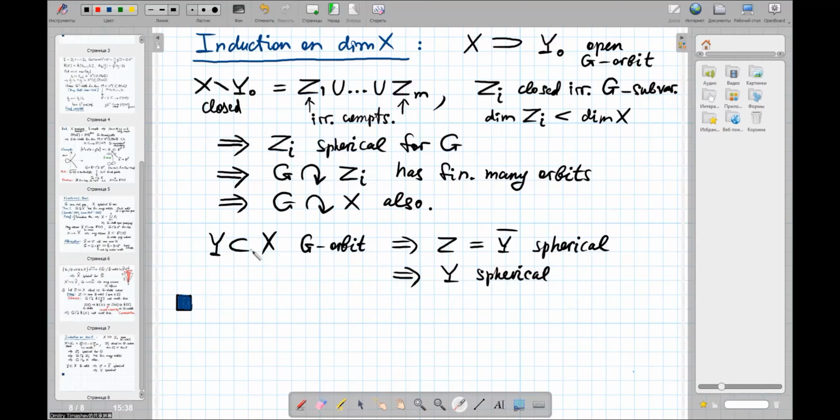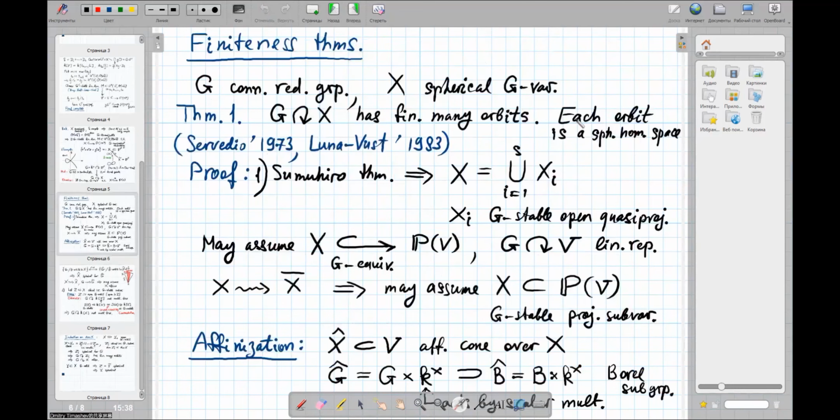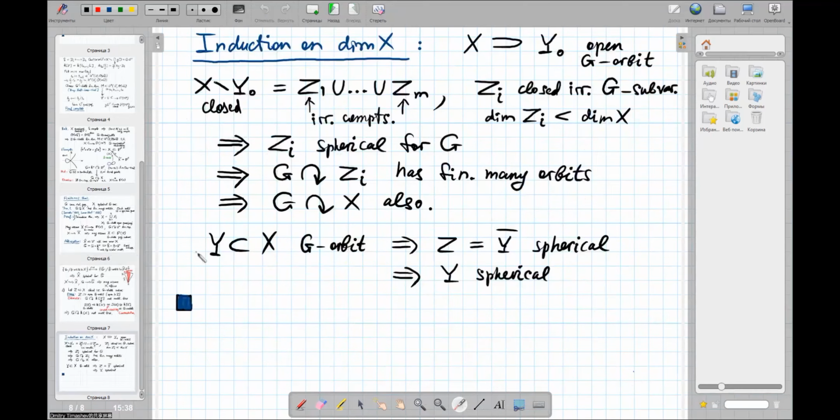We want to prove the second statement of the theorem, that each orbit on a spherical variety is a spherical homogeneous space. So we take any G orbit in X. We have already proved that there are finitely many of them. We take any of these orbits and close it up.